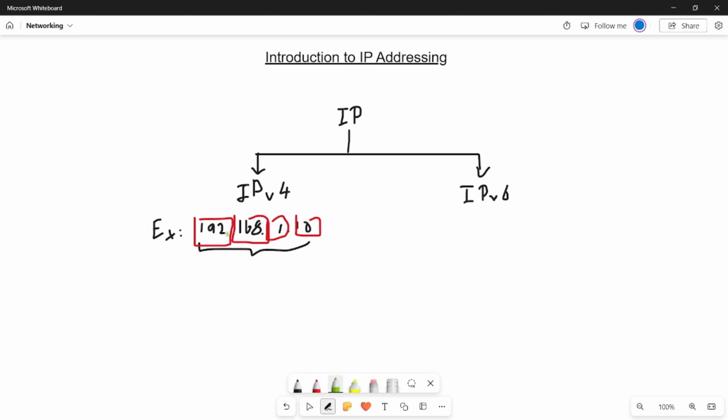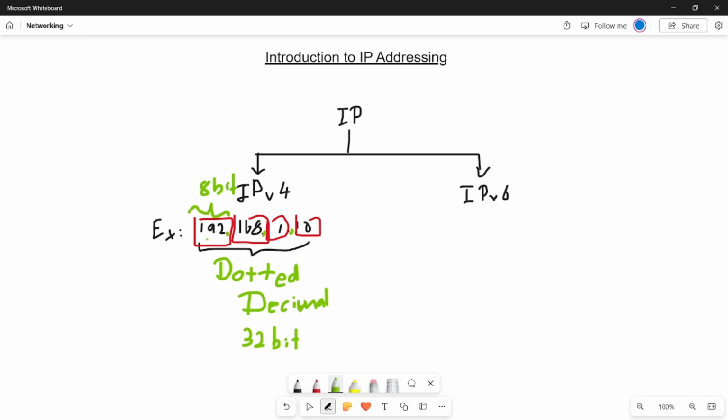The main thing is that they are separated by a dot symbol, so we call this notation dotted decimal format. This IP address contains 32 bits. We divide these 32 bits into 4 groups of 8 bits, and each 8-bit slot represents one slot like this.